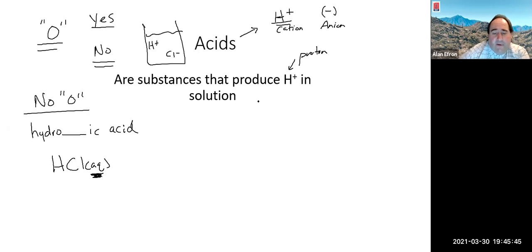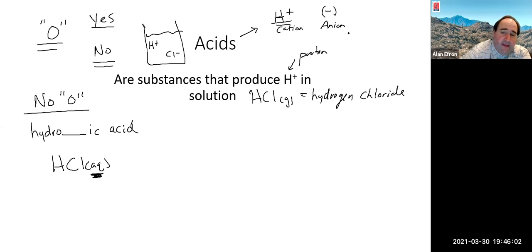That would be different than if we had HCl in the gas state. HCl in the gas state would actually be called hydrogen chloride. But when we dissolve hydrogen chloride gas in water, it becomes an aqueous solution, and it becomes basically an acid.